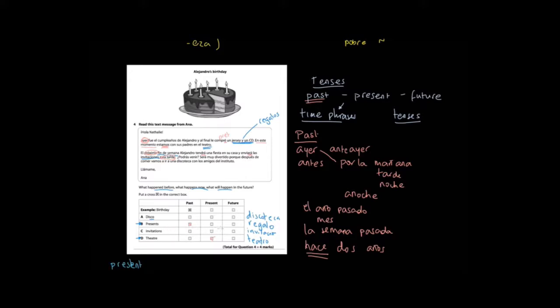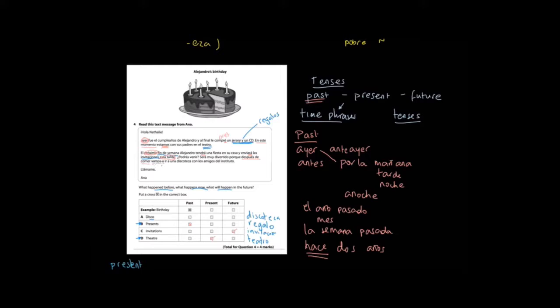So I know that invitaciones is future. And then all I need is the disco. Okay, podrás venir. Will you be able to come? Será muy divertido. It will be lots of fun. Porque después de comer, another time expression, after lunch, vamos a ir a una discoteca con los amigos del instituto.